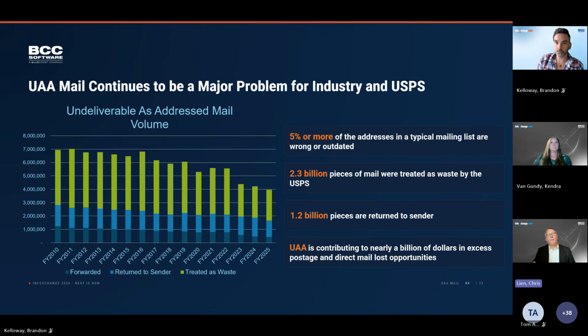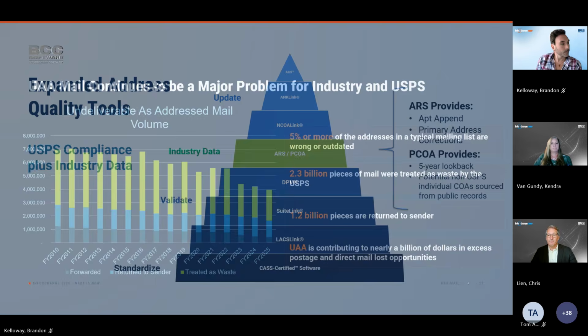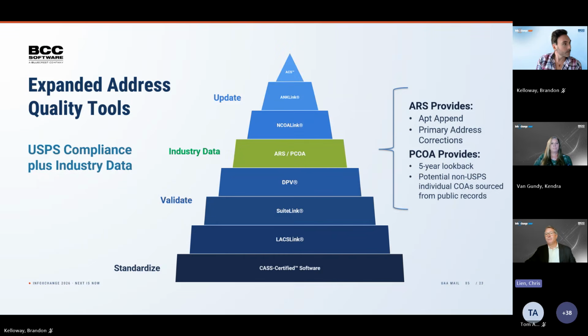Because if you take out the addresses that are not going to get responded to, and you leave in the ones that have a likely response rate, the value goes up, the ROI goes up. And there's so much that you can do to make sure those get delivered, so that you can take full advantage of it, because you're paying for the postage on those pieces, and that continues to be significant every year. Any surprises on that one, Kendra?